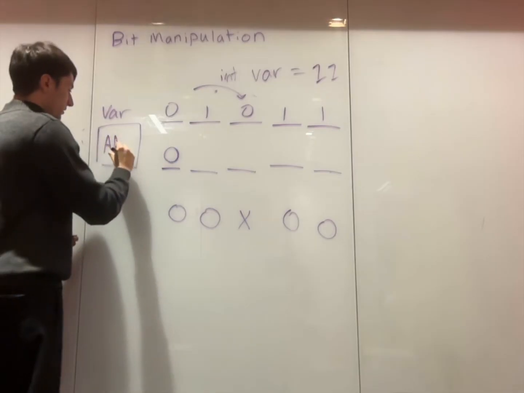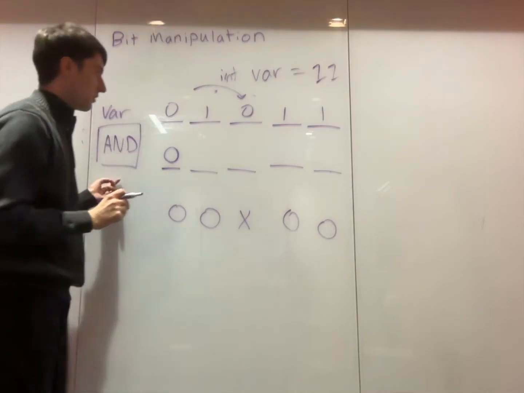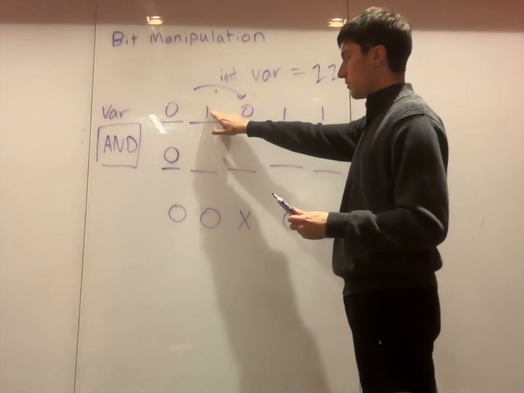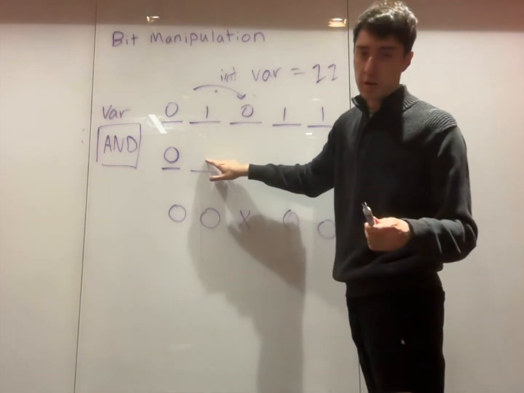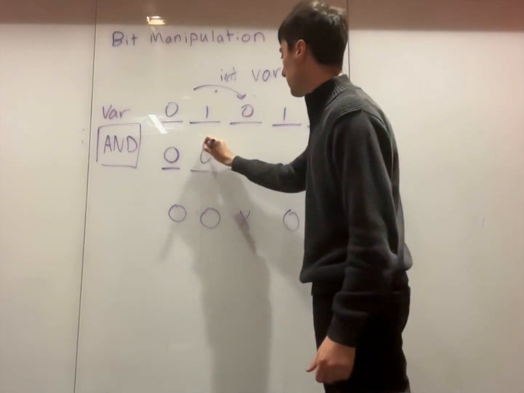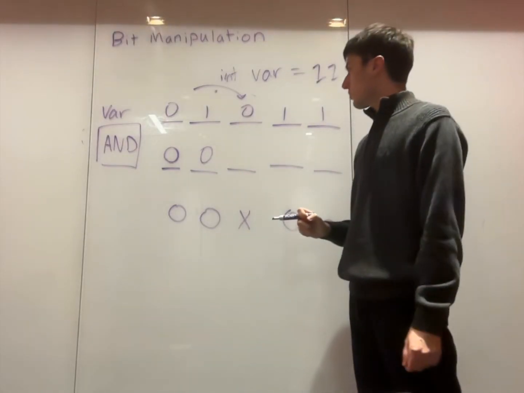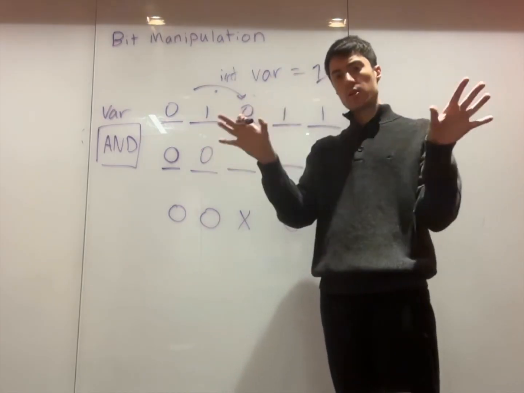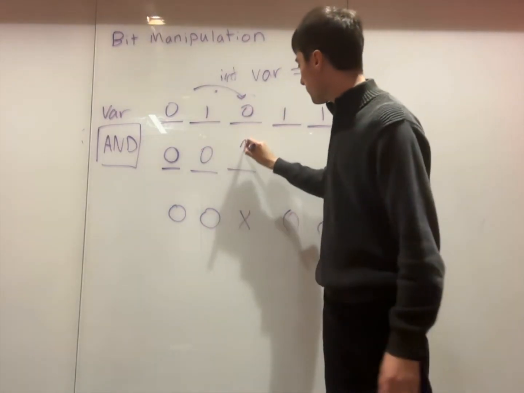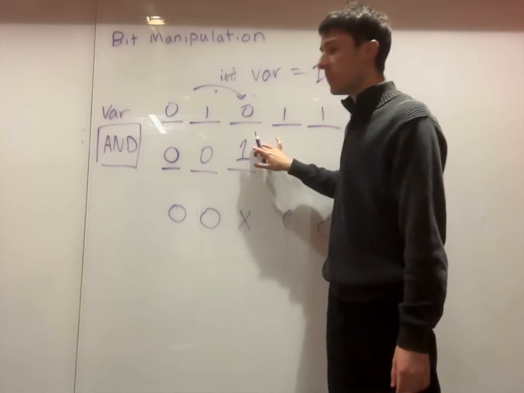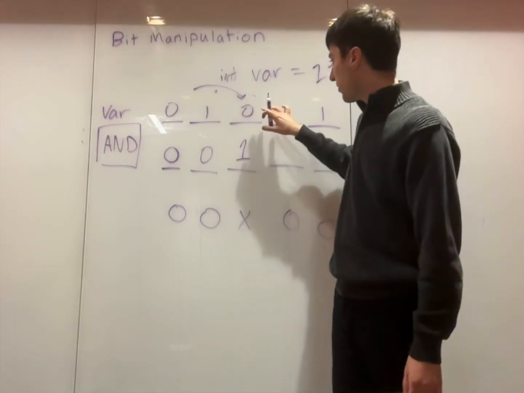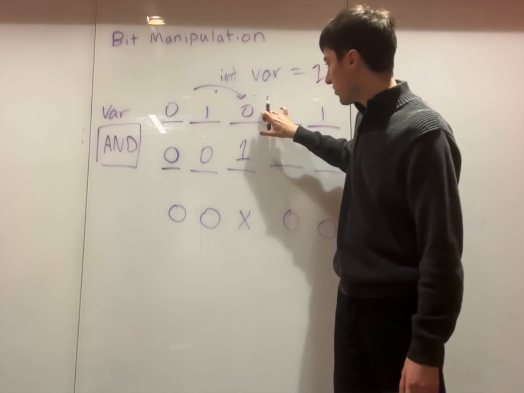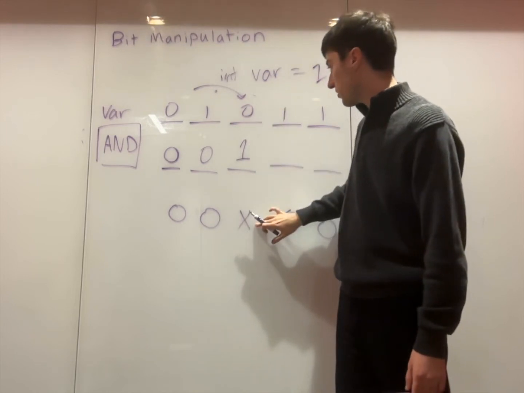So AND here. Now, if this is a 1, what value do I need to put here? I need that to be a 0 as well. Remember when I said AND and OR are shifted? I have this 1 here now, and if I have the 1 and a 0, it's going to evaluate to 0.